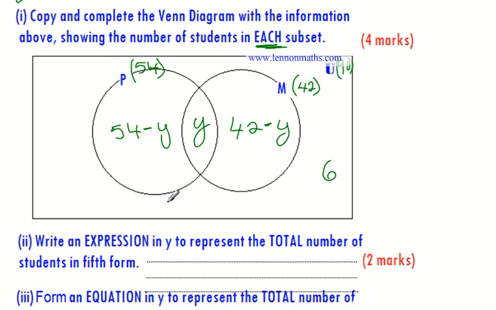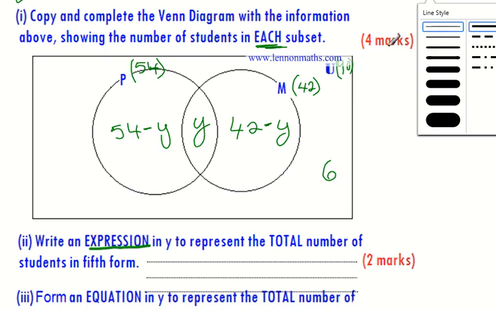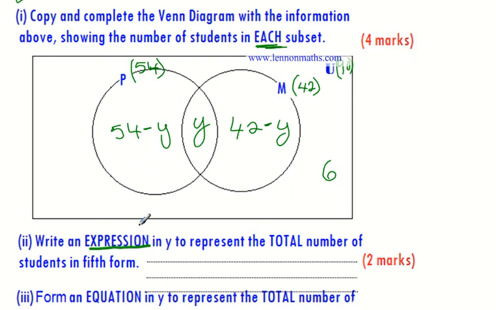So an expression, what's an expression? We should know the meaning of the word here, expression. It simply means that we will have numbers and letters. In this case, numbers being constants, Y being variables. We'll write all of those with no equal sign in between any two terms. Okay?